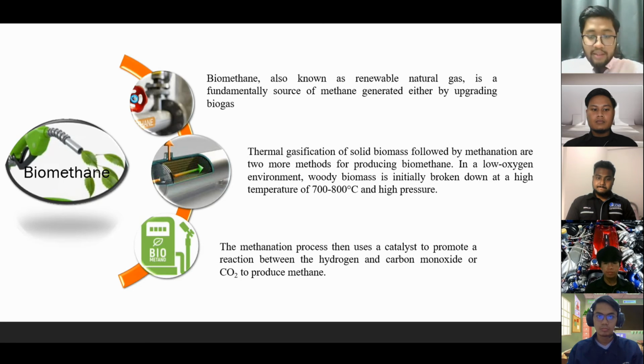The methanation process then uses a catalyst to promote a reaction between the hydrogen and carbon monoxide or CO2 to produce methane. Any remaining CO2 or water is removed at the end of this process. So that's all for the source of fuel for biomethane.